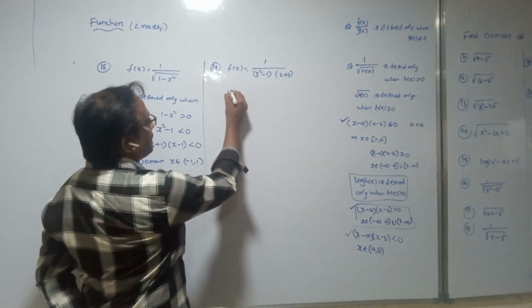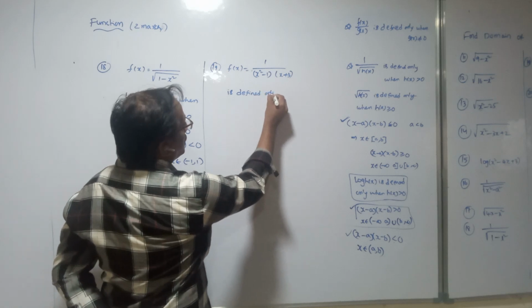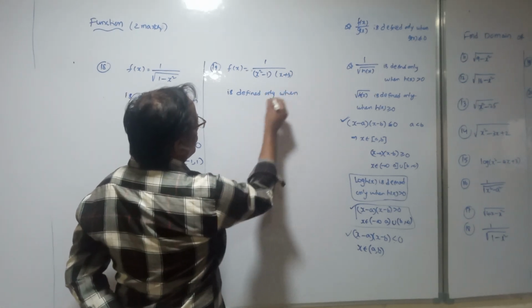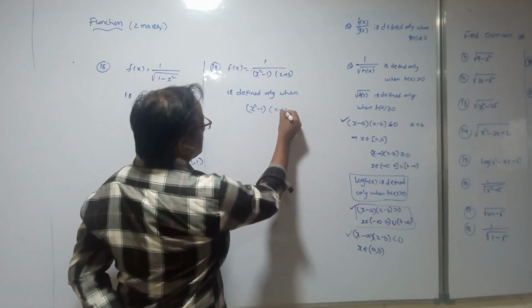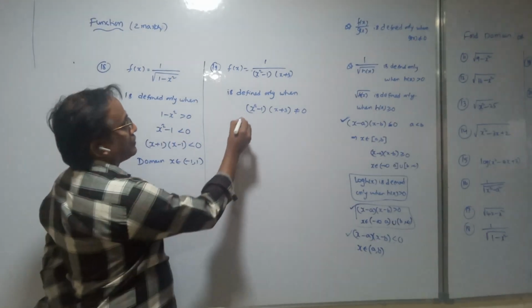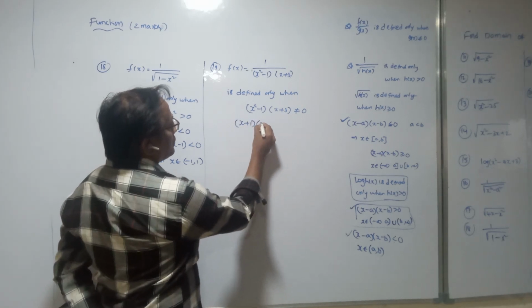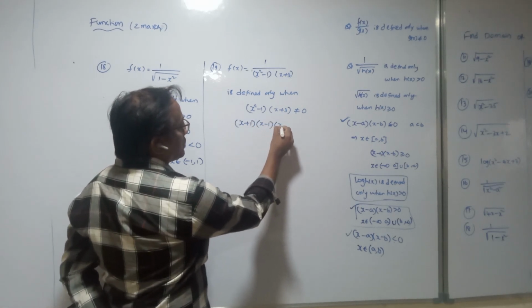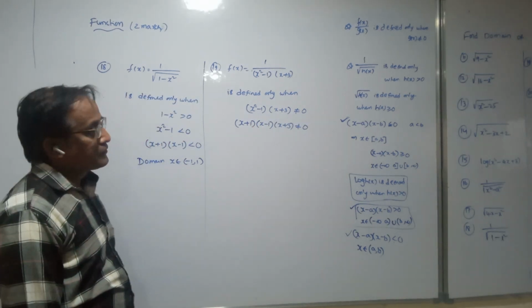So it is defined only when x square minus 1 into x plus 3 is not equal to 0. Now this can be written as x plus 1 into x minus 1 into x plus 3 not equal to 0.